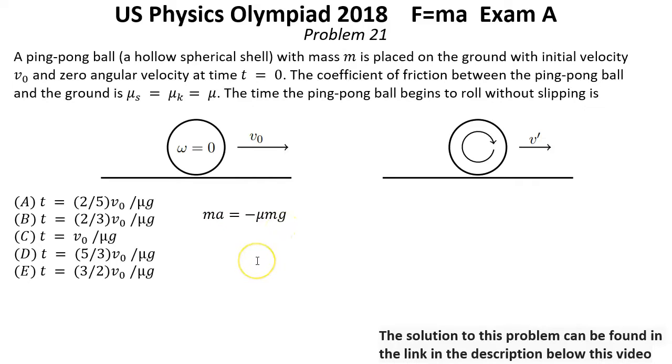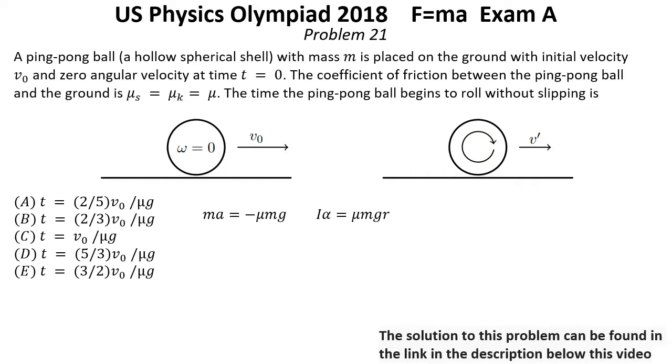And also we have rotational motion. For rotational motion we have I alpha equal mu mgr, where I is moment of inertia, alpha is angular acceleration, mu mg that's force of friction, and r is the distance from point of contact to the center of mass around which this ball is rotating.